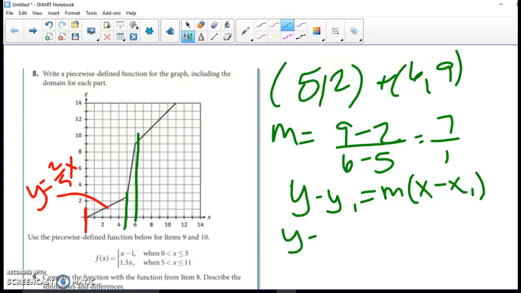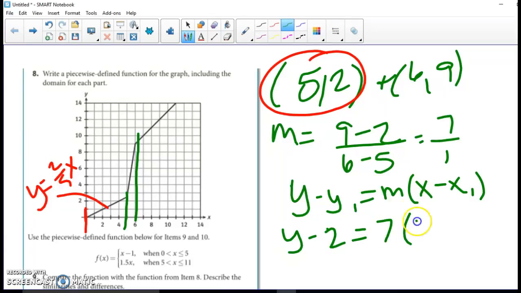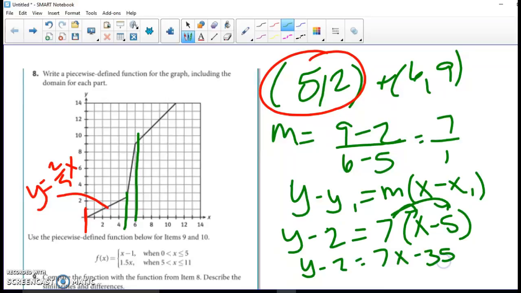Now we need to pick a point. I'm going to choose this first point here. So y minus our y coordinate of 2 equals 7 times x minus 5. Using algebra to get rid of parentheses, y minus 2 equals 7x minus 35.